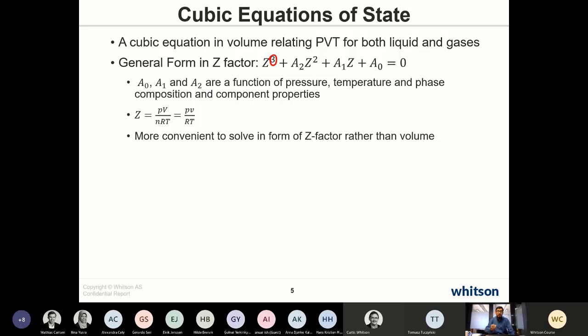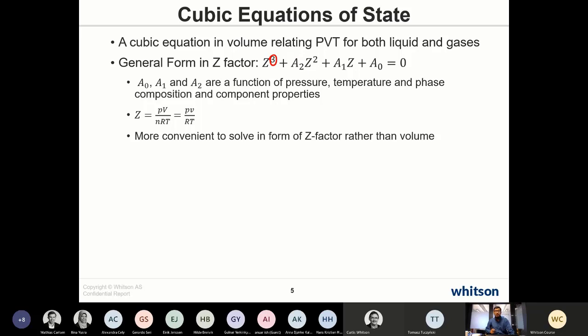And then in the equation of state, we have different coefficients for each of these polynomial terms. So it's 1 here, A2, A1, and A0. And we will see, when we go through the different EOS models, Peng-Robinson, SRK, or Redlich-Kwong, how we can calculate these coefficients, which are written here.